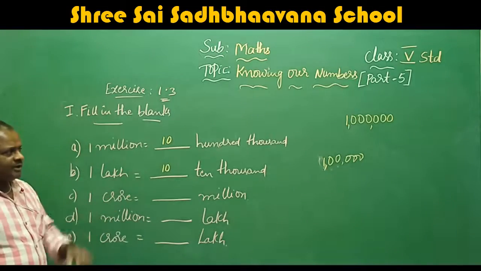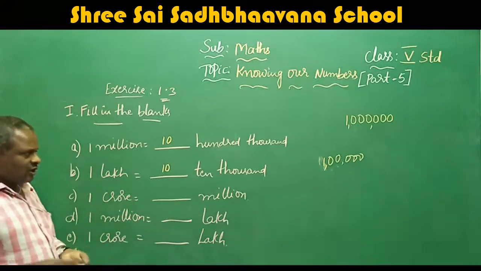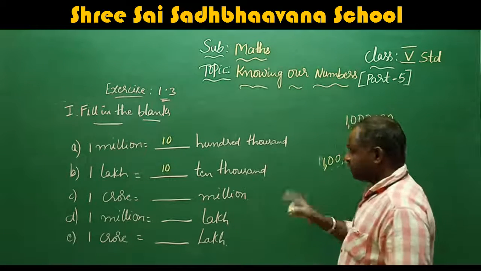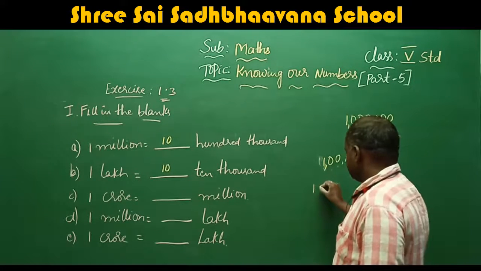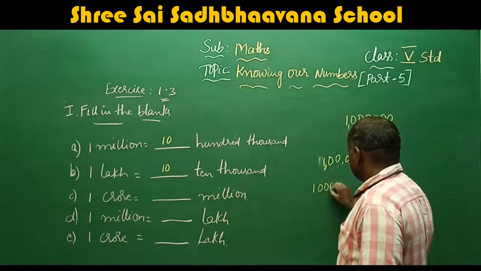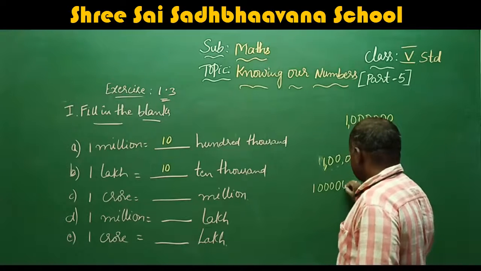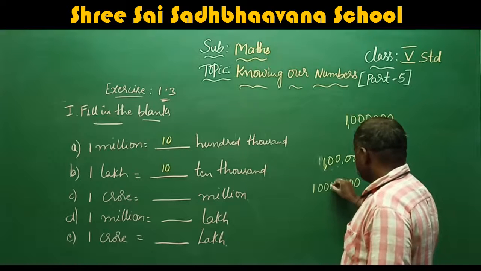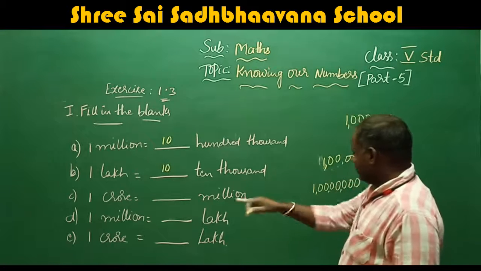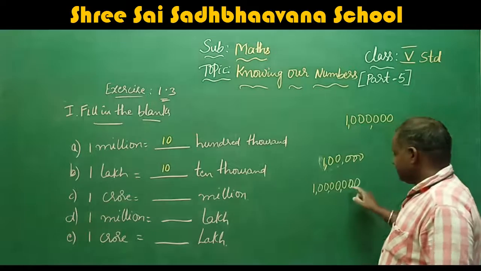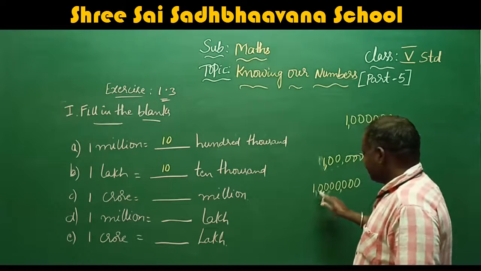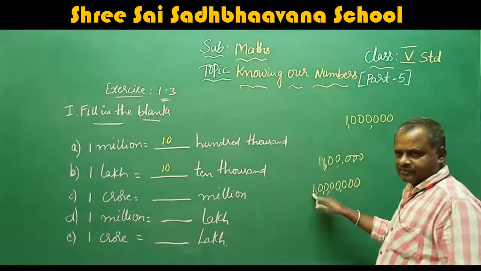Next, 1 crore, how many millions? First write down 1 crore. Unit, 10, 100, 1,000, 10,000, lakh, 10 lakh, crore. Now for millions we count: unit, 10, 100, 1,000, 10,000, 100,000, million, 10 million.